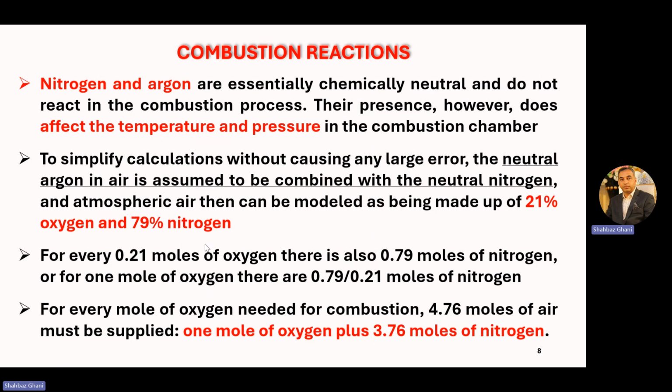For every 0.21 mole of oxygen, there are 0.79 moles of nitrogen. Or for 1 mole of oxygen, there are 0.79 divided by 0.21 moles of nitrogen. So for every mole of oxygen needed for combustion, 4.76 moles of air must be supplied. That 4.76 contains 1 mole of oxygen plus 3.76 moles of nitrogen.